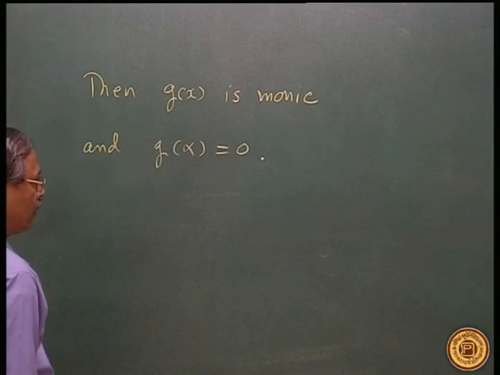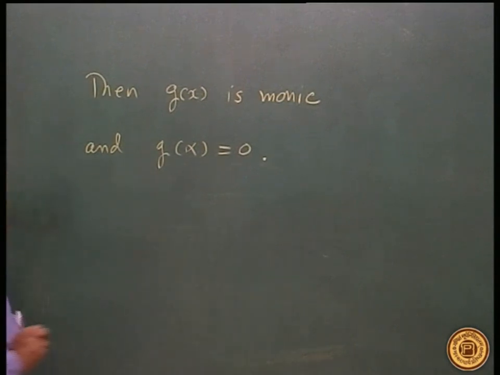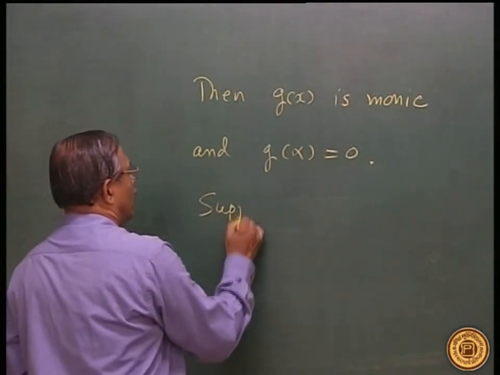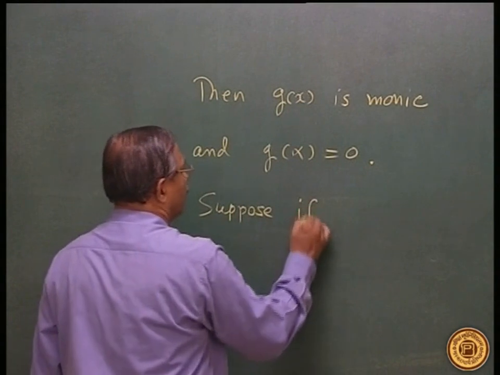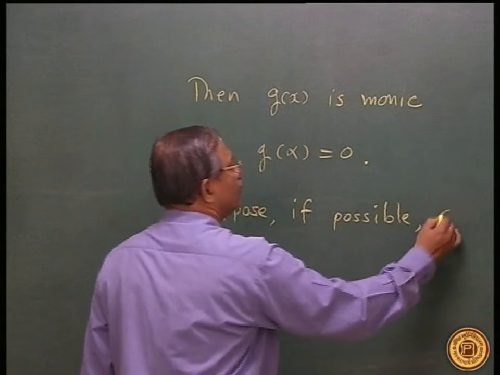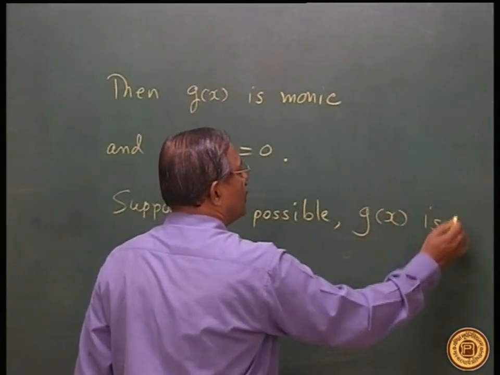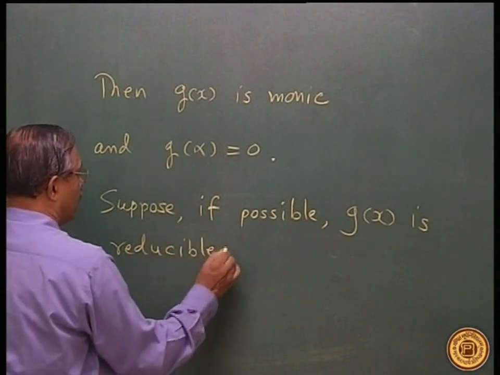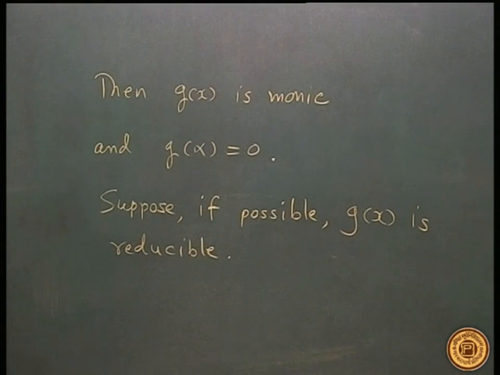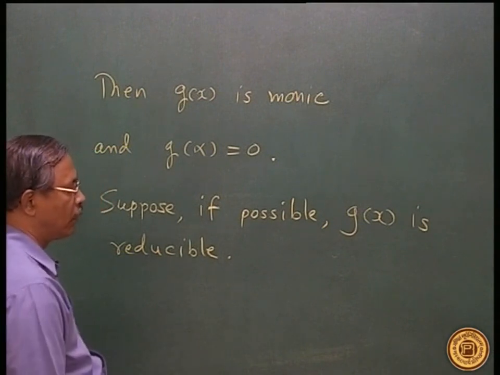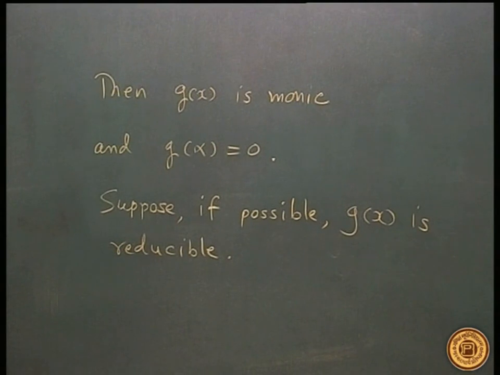Now we want to show that g(x) is irreducible. So suppose, if possible, g(x) is reducible. That is, it is not irreducible. Irreducible means you cannot factorize it as a product of polynomials of positive degree.